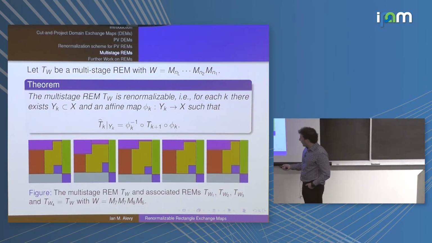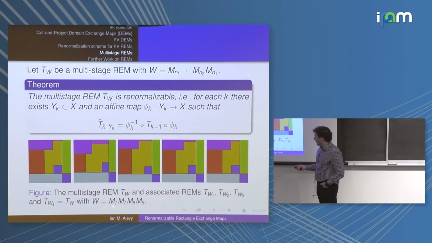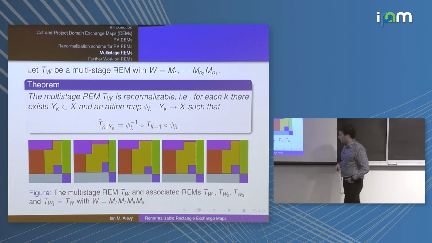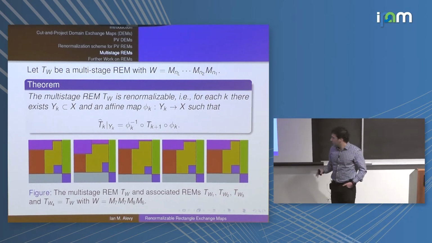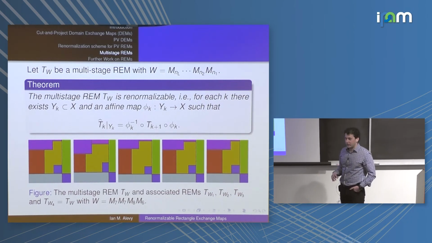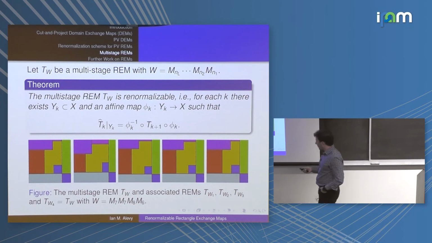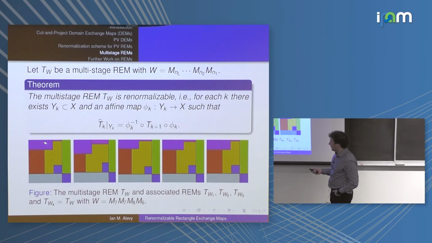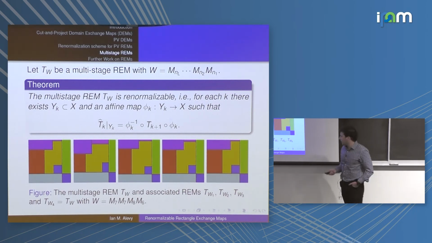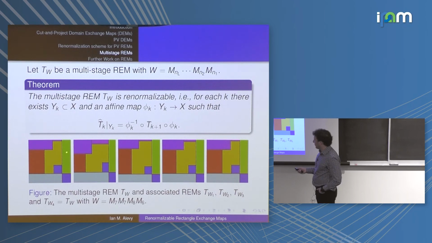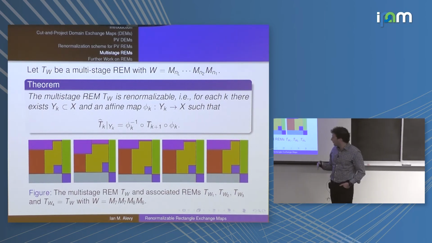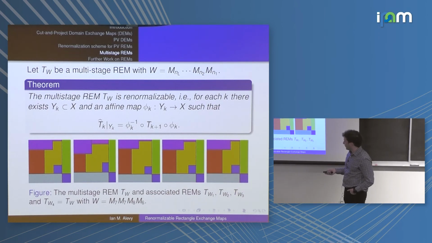I take my matrix W, which is M7 times M7 times M8 times M6. And with that matrix, I'm going to build a rectangle exchange map using my method. And it turns out that the tiling is exactly this. Now, if you look at the first return map to this light green rectangle, you'll get a new rectangle exchange map. And it turns out that it has the same combinatorics.